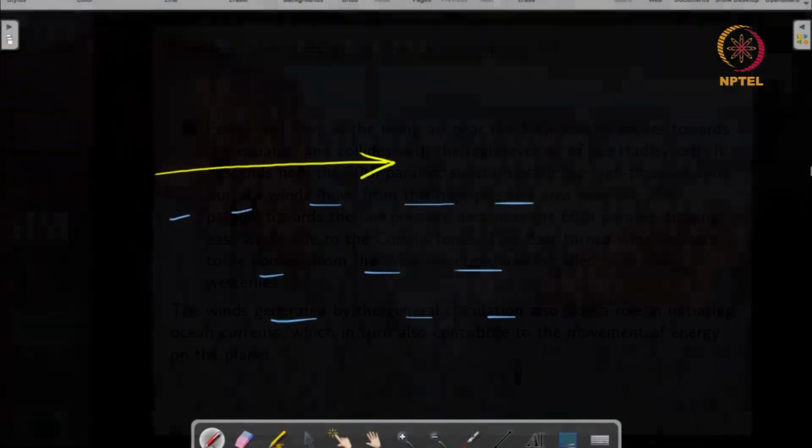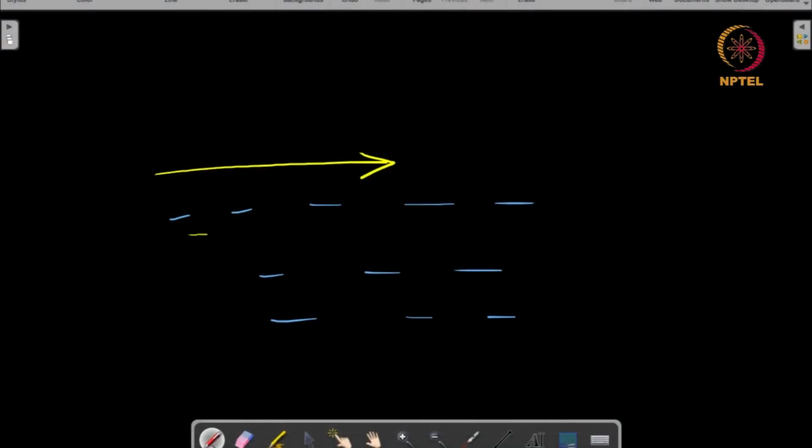Now in this case, because the winds move in the same direction for a very long period of time, or essentially perpetually, the ocean waters also begin to move, and these result in ocean currents. And ocean currents also play a big role in shifting the heat from the equator towards the poles.